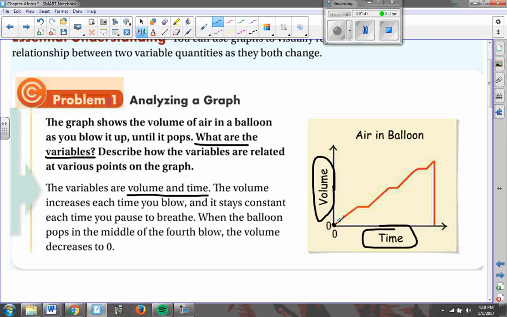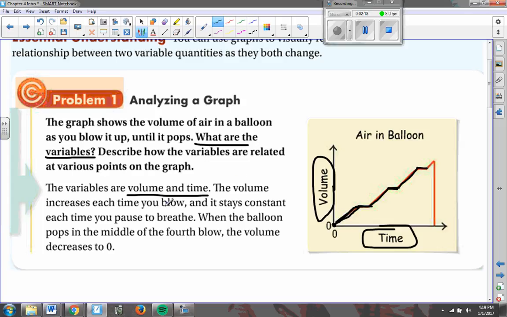And then there's kind of this upward little stretch of air going into the balloon, and then it levels off for a second. And then more air goes in, and then it levels off for a second. And then more air goes in, and then it levels off for a second. So what we should realize is that each of these times that it levels off, we're taking a breath, right? The volume goes up as we blow air in, and then it stays where it is while we take a breath in through our nose and then continue blowing air in.